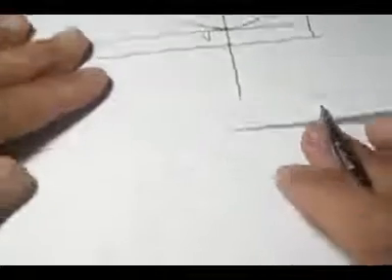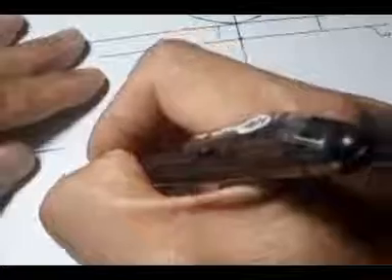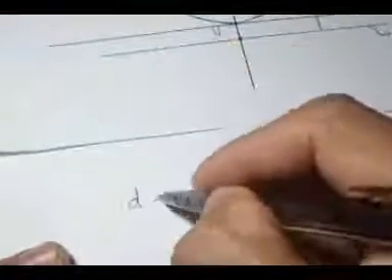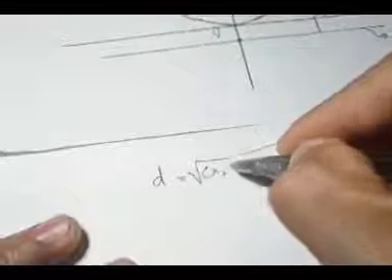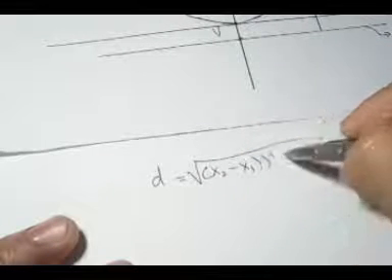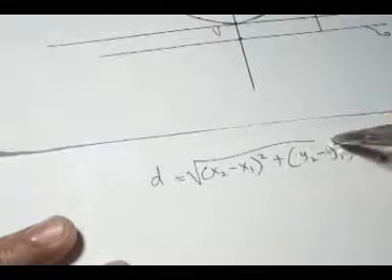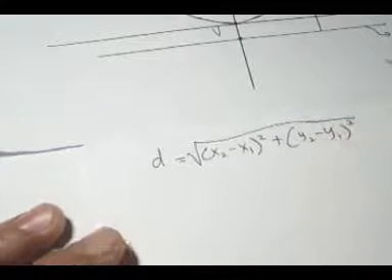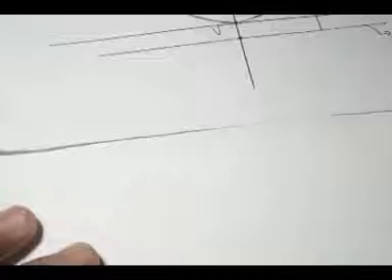So based on the definition, we will solve for the distance P to F. The formula for distance is the square root of (x sub 2 minus x sub 1) squared plus (y sub 2 minus y sub 1) squared. So let us use this formula to derive the equation of the parabola.